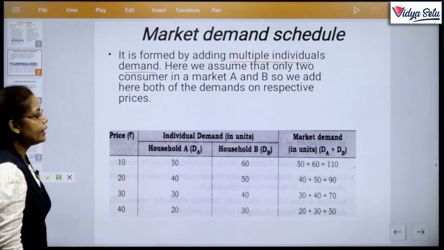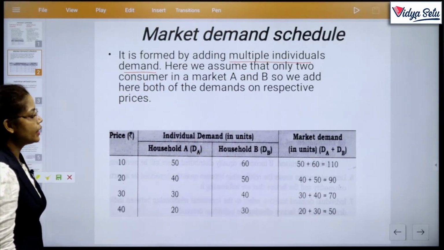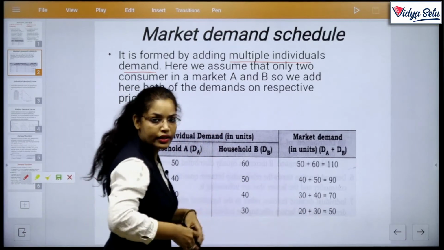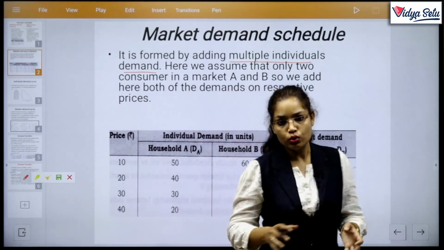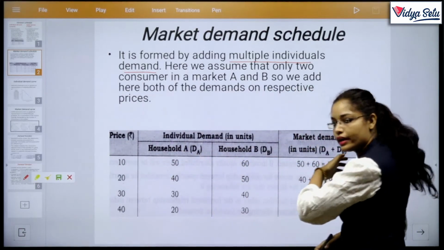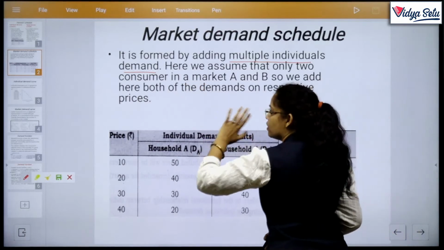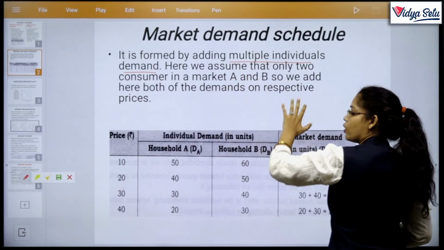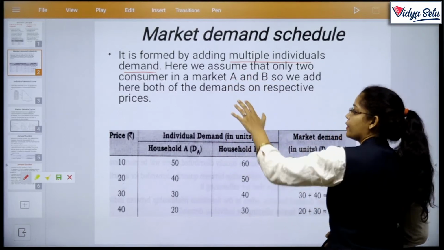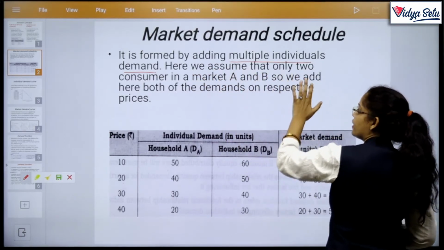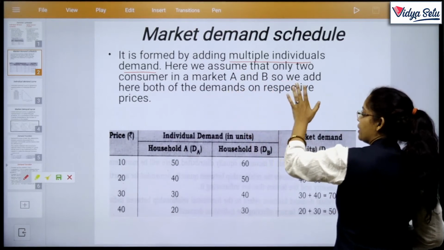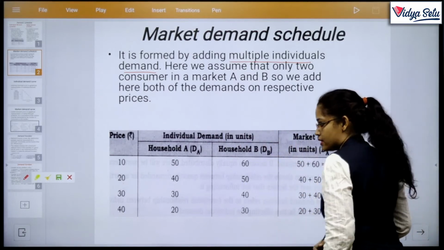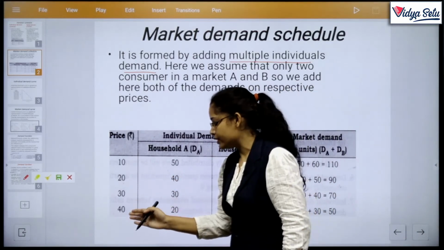Here we assume that there are only two consumers in a market, because we can't add so many consumers, like lakhs of consumers. You may write this line on your exam paper: here we assume that only two consumers in a market, A and B. So we add both of the demands at the respective prices, and the prices are 10, 20, 30, 40.